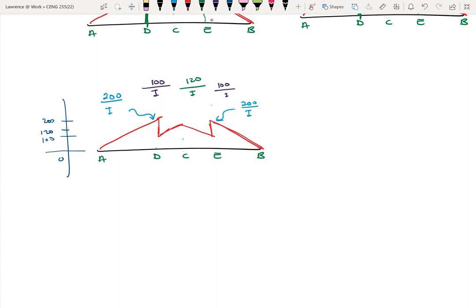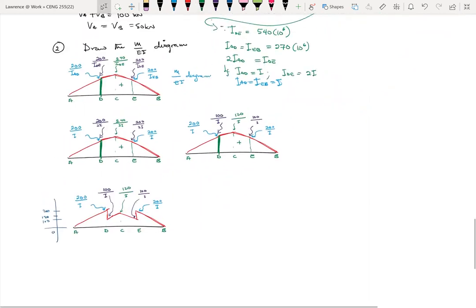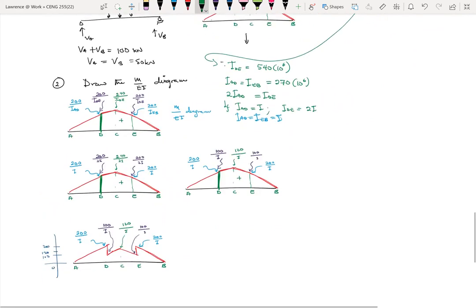So what it simply means is that this 100 here is the one over here, the 120 is here, and this 100 again is down here. So this becomes your M over EI diagram. You don't need to go through all these steps. Once you draw your moment diagram, you can convert it straight to the last one.